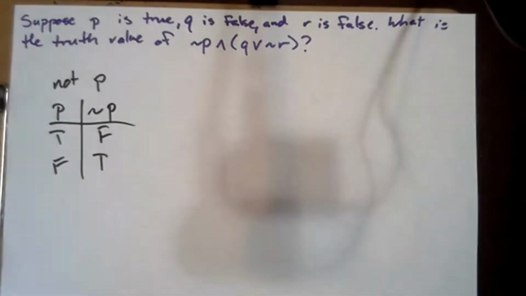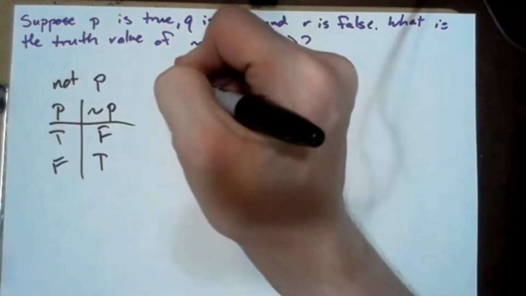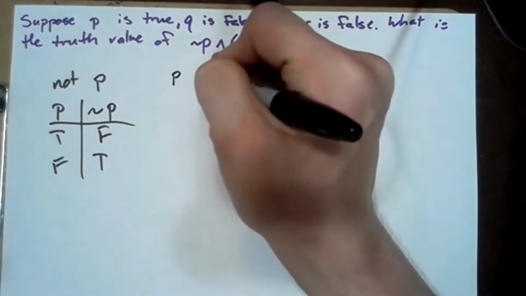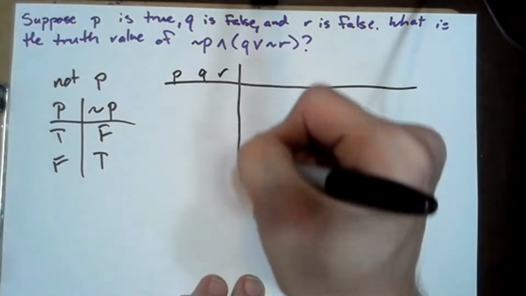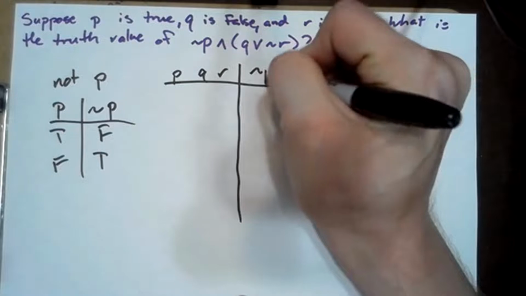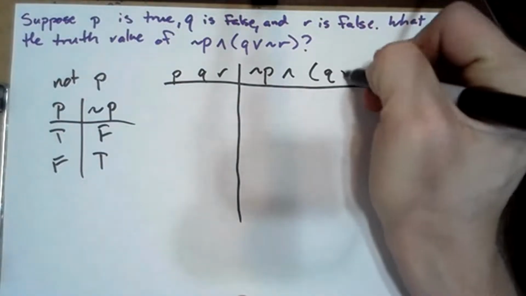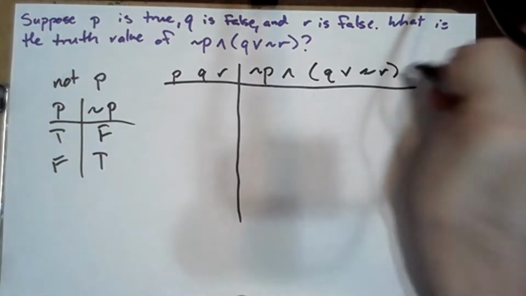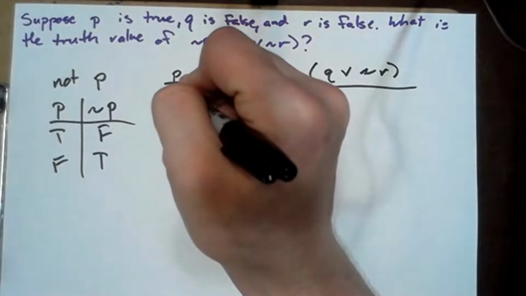We start off with our not P truth table. So if I write out P, Q, and R, then we'll fill this in: not P and Q or not R. And we can fill in the truth values for P, Q, and R.